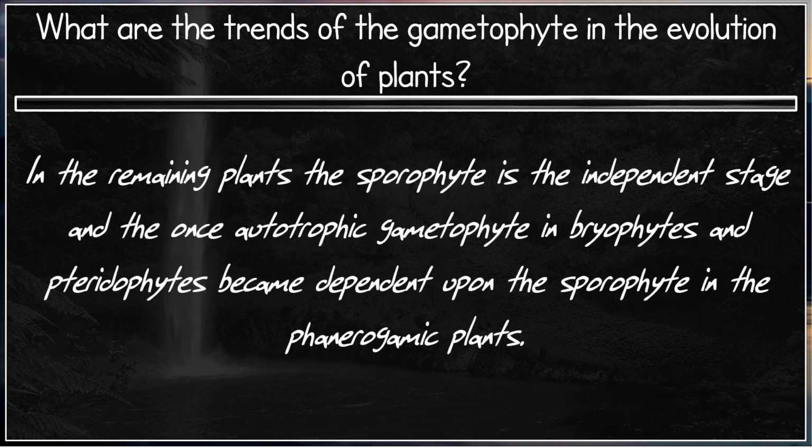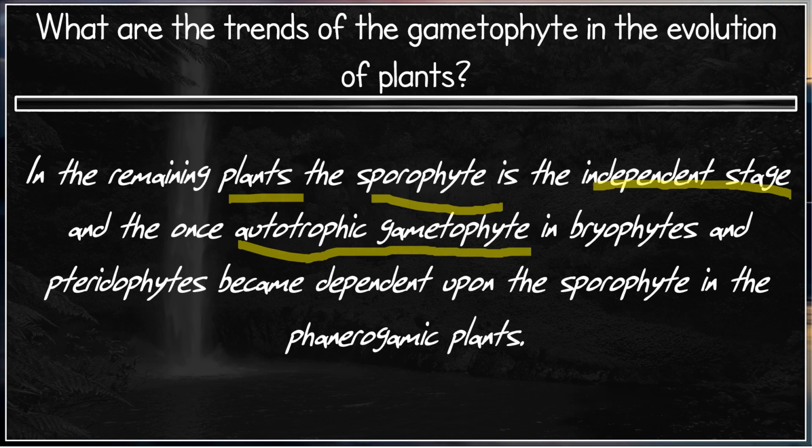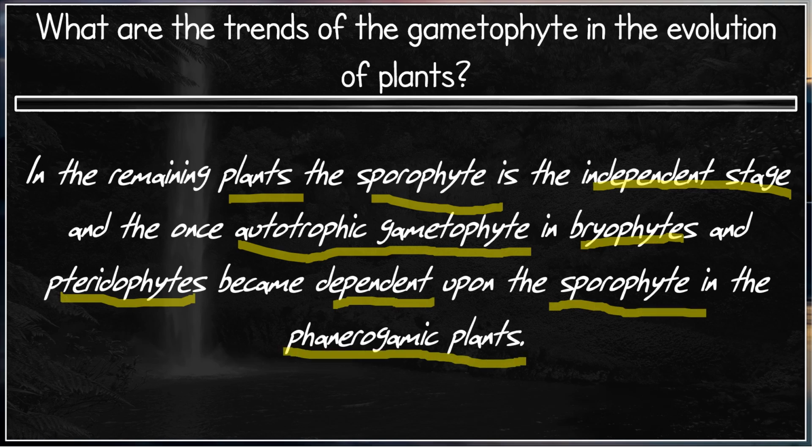In the remaining plants, the sporophyte is an independent stage, and the once autotrophic gametophyte in pteridophytes becomes dependent upon the sporophyte in phanerogamic plants.